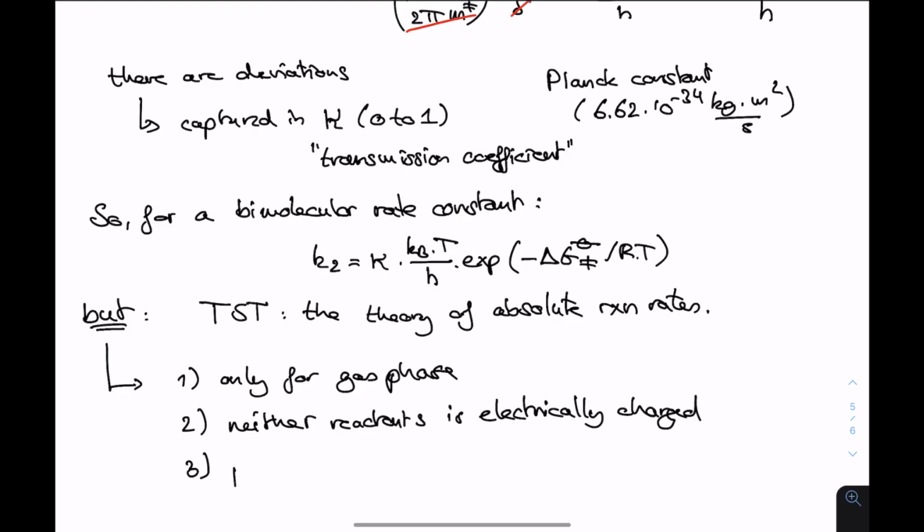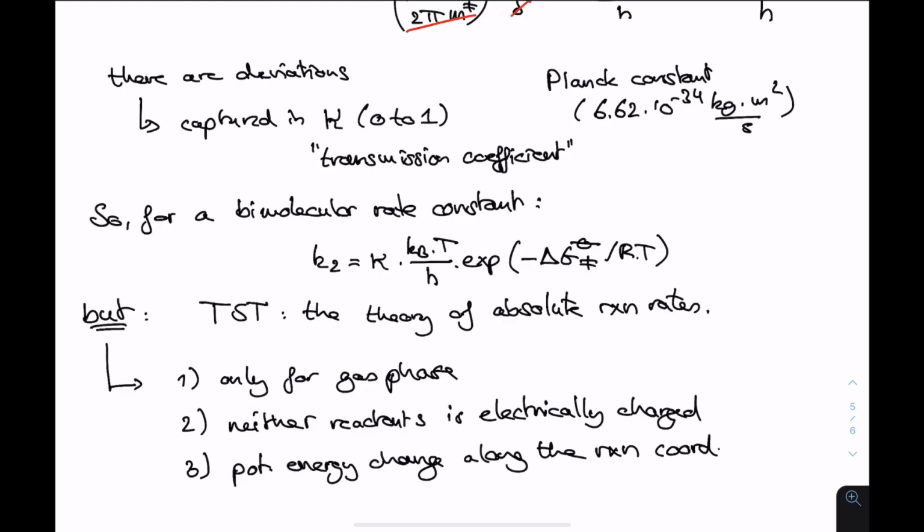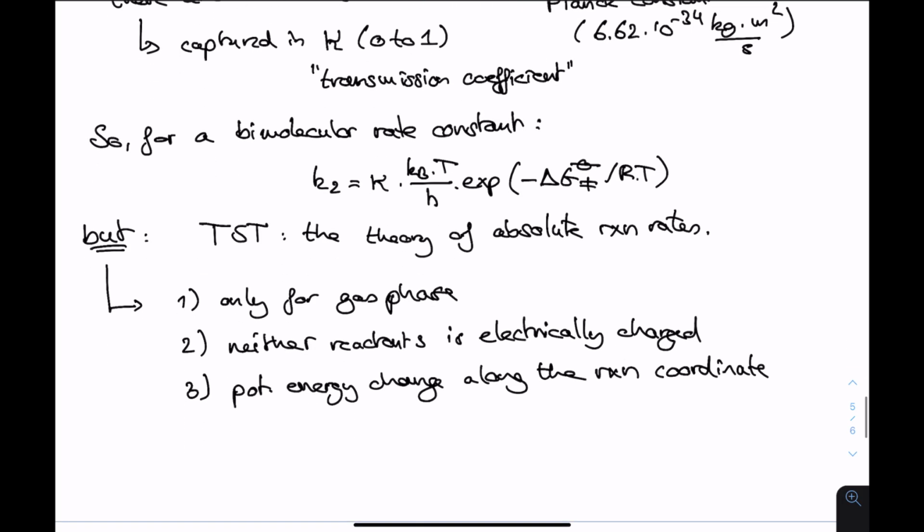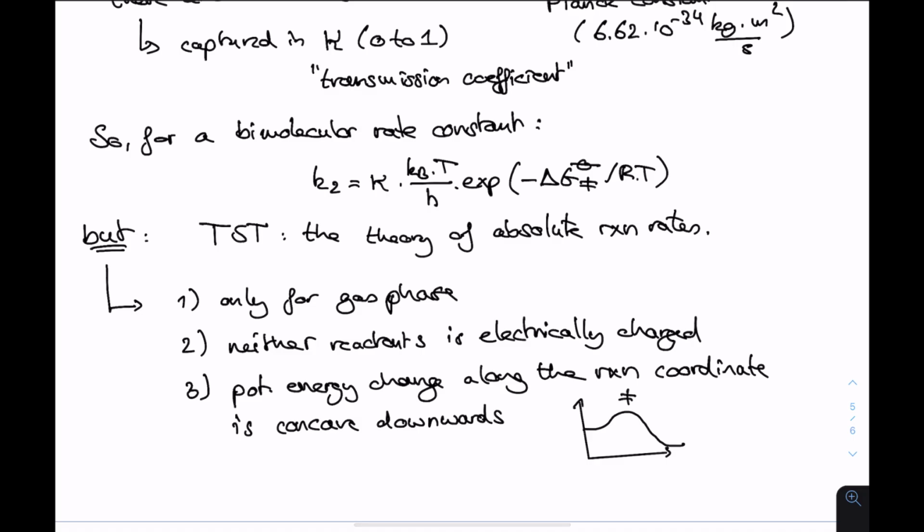And the potential energy change along the reaction coordinate is concave downwards. So, like we saw before, it is of the familiar form like this, with this the transition state.